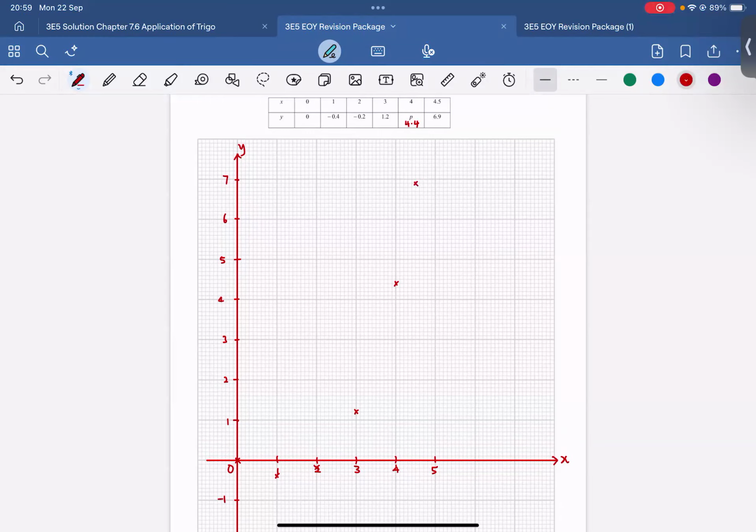Okay, then we join. I'm not sure whether I can give you a nice graph. It's not easy to draw on an iPad, I tell you.